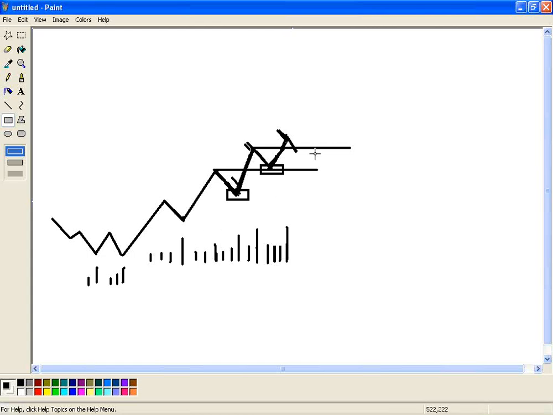Now, I drew this really clean, but when things are messy, sloppy, you're not sure what the trend is, it's kind of moved down, but then it's moved up, you can still apply these same things. Are the higher prices attracting sellers or not? Where's the high volume? What does it show that they're doing?